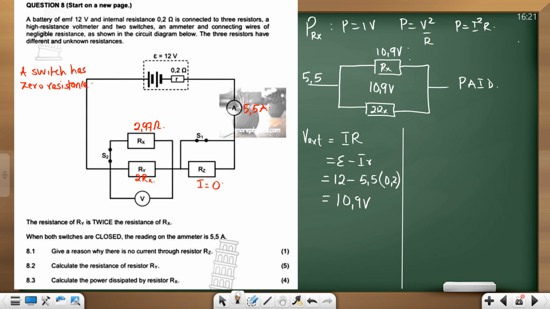We are already done, but like I said, different ways. So the voltage in Rx is 10,9. Why? It is connected in parallel. Do we know the value of R? We got 2,94. I think we can work out power. V squared over R. I need an answer quickly, and we're going to confirm with a different method. Our answers might be different because of decimals, but get me an answer and we're done there.